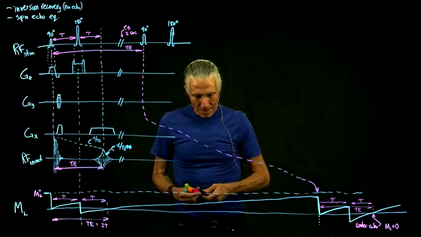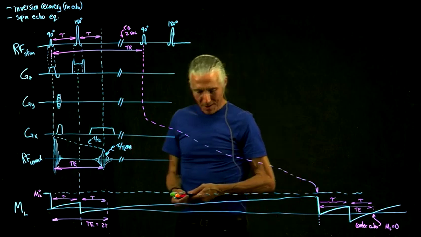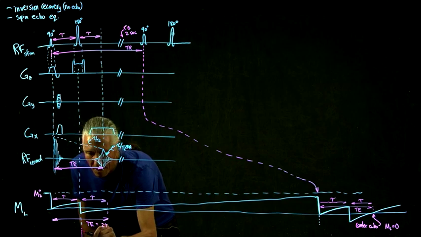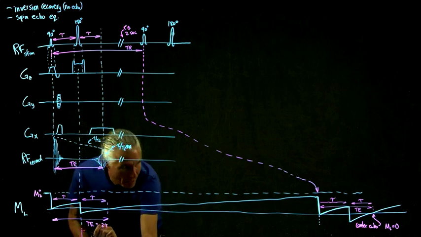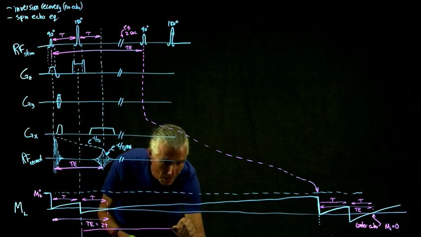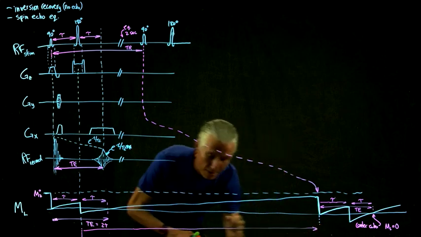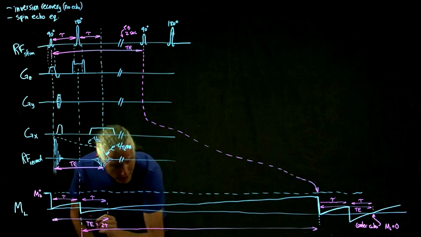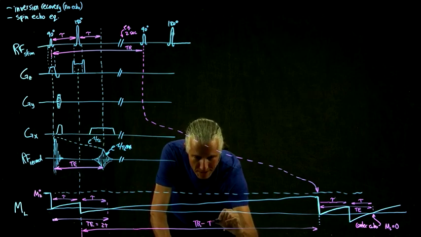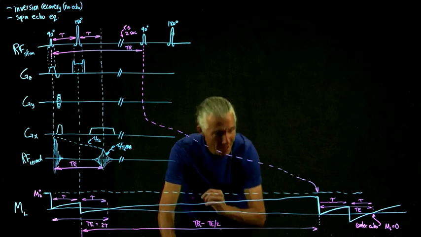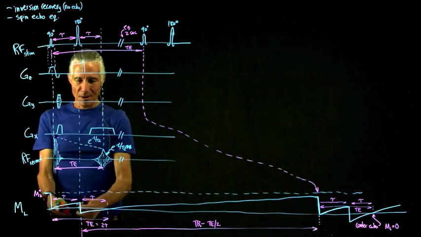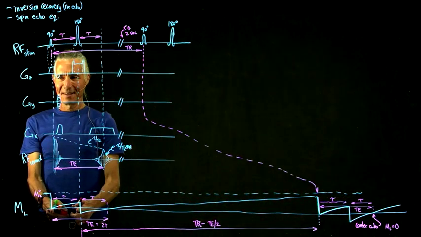Okay, and then we've got one more time here, which is the time we're going to need to know. So that's going to be one of our Bloch equation times, and that one is TR minus TE over 2. So that's TR minus tau, because we're starting from the middle, TE over 2.